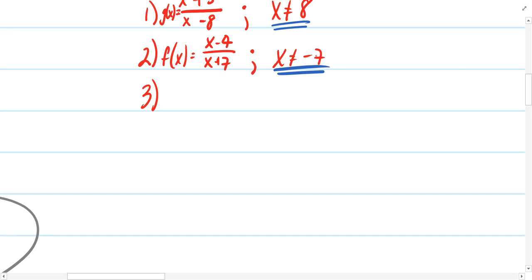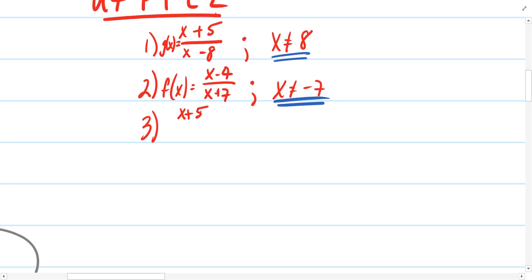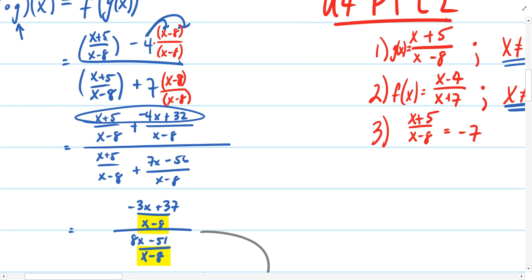That's our restriction. So for part 3, we don't want our inner function, x plus 5 divided by x minus 8, to ever equal this restriction on the outside. Because again, this x plus 5 over x minus 8 was placed inside of our outer function.